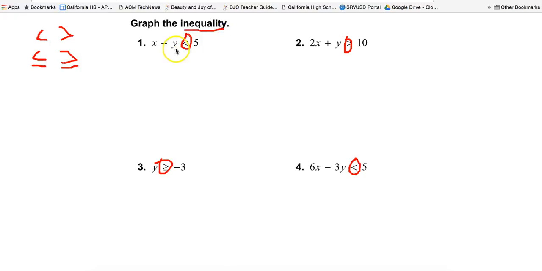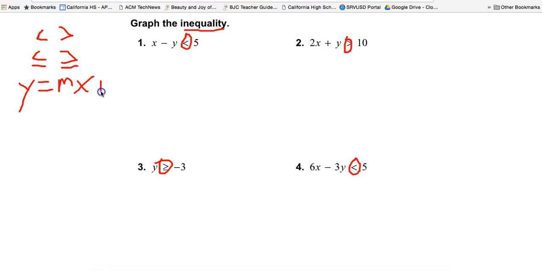So what we're doing here is looking at how we actually graph an inequality. The first step in graphing an inequality is turning our inequality into a y equals mx plus b.